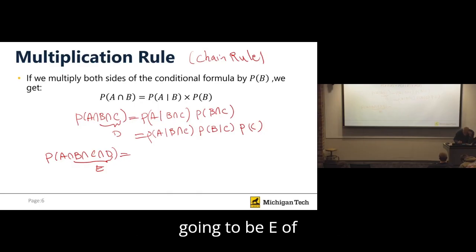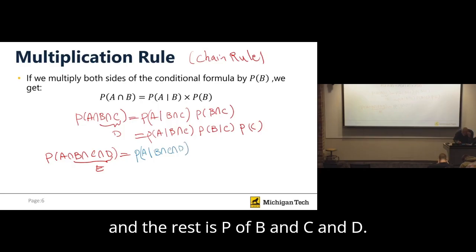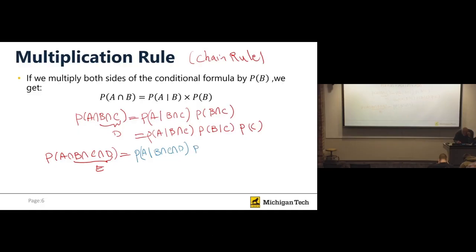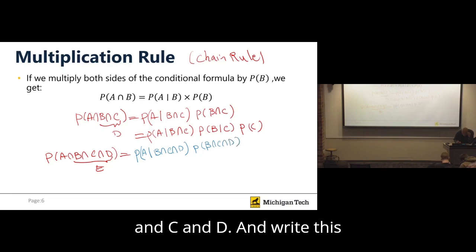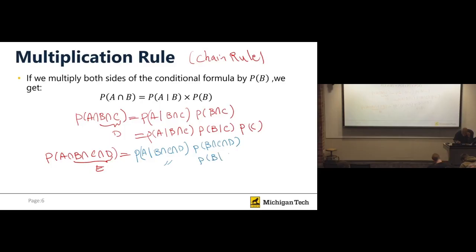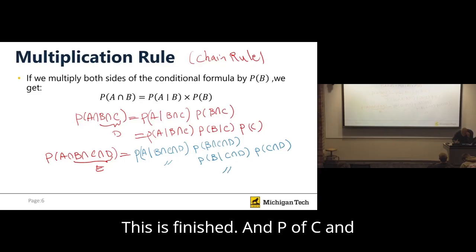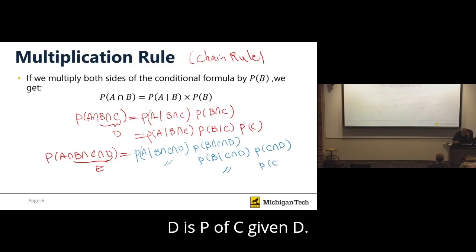This is going to be P of A given E, where E is B and C and D, and the rest is P of B and C and D. And write this again: P of B given C and D, times P of C and D. This is finished. And P of C and D is P of C given D, times P of D.